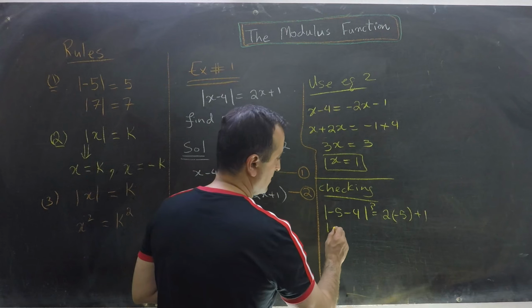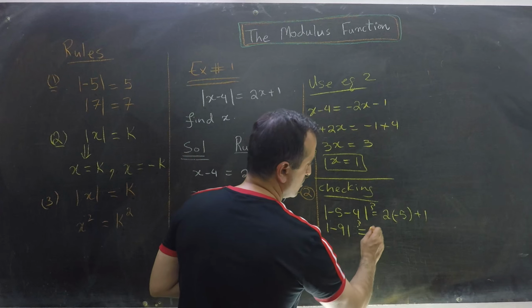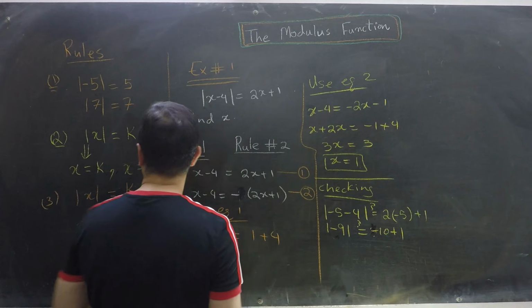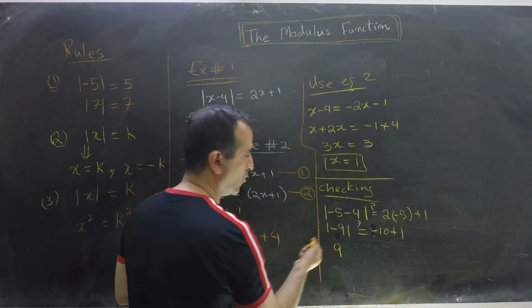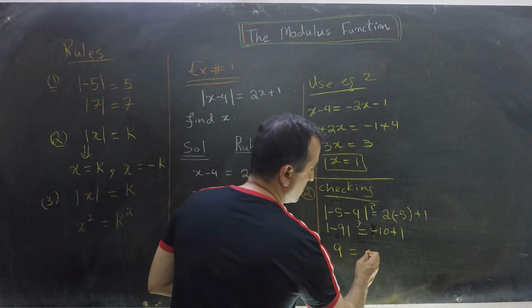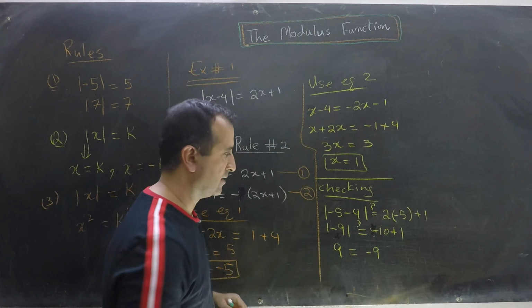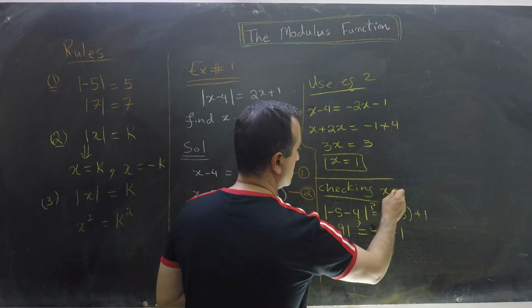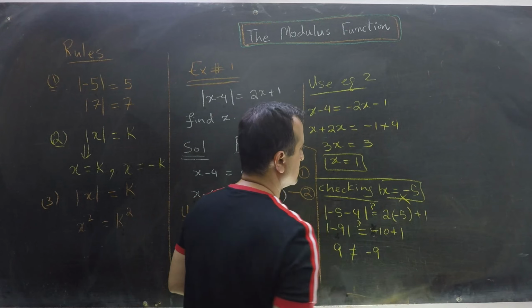So it will be like modulus of minus 9 equals minus 10 plus 1. And we know by rule number 1, my answer will be 9, because mod of minus 9 is equal to 9, which is not equal to minus 9, and left hand side is not equal to right hand side. That means x equal to minus 5 is not a valid answer.